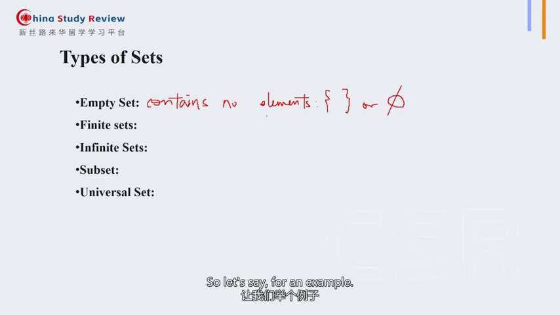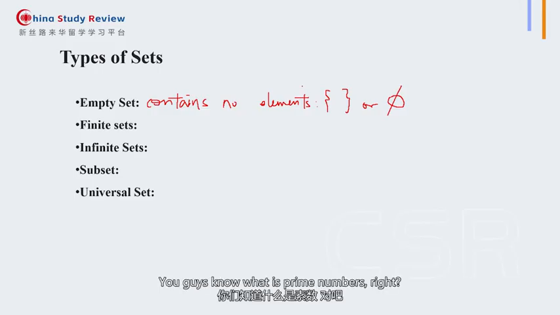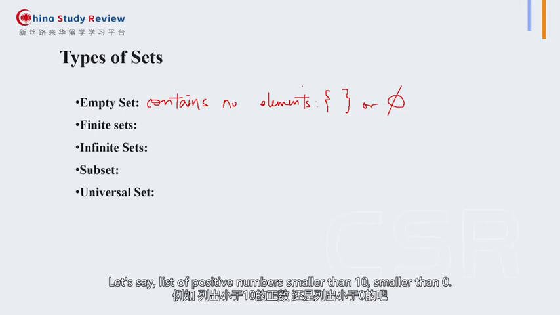So for example, if I have a set that asks me to list all the prime numbers, you know what prime numbers are, right? Maybe I'll choose another example. Let's say list all positive numbers smaller than 0.